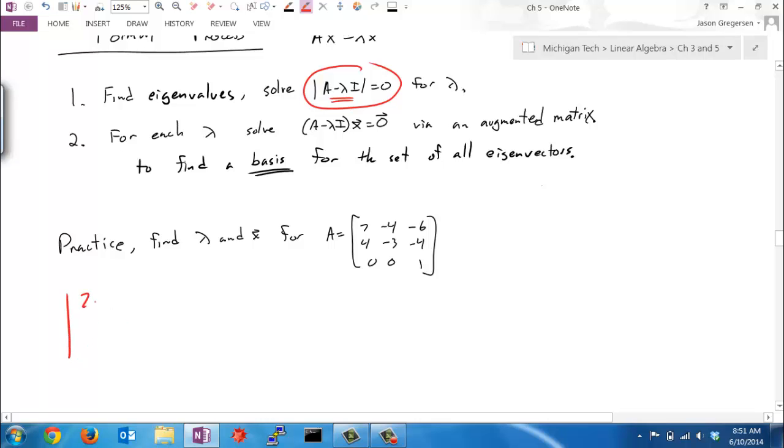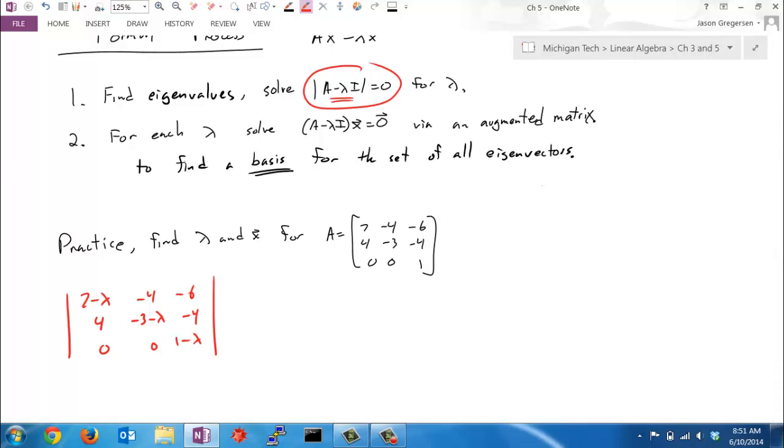So we're calculating this determinant. The question is, when is that thing equal to 0? I'm going to get another polynomial from this, but it could be a third degree polynomial in this case. So we have to find the roots of that when we're all done. So it's a lot of algebra, but that's what we need to start with.